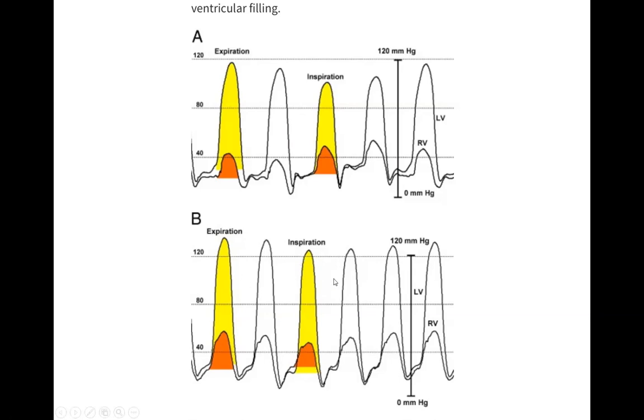This we call ventricular concordance. This we call ventricular discordance. Is it clear? This is very important because if I am an examiner, I might bring this for you and ask you to explain what this means, what ventricular interdependence is, what ventricular concordance is, and what the square root sign is.